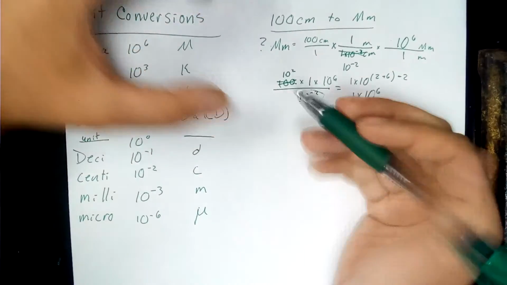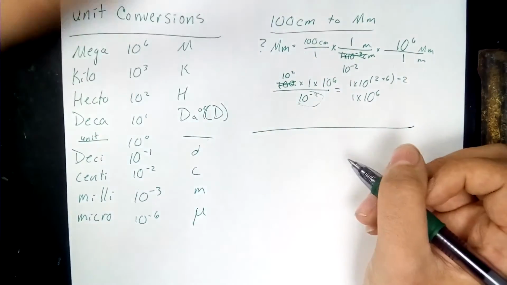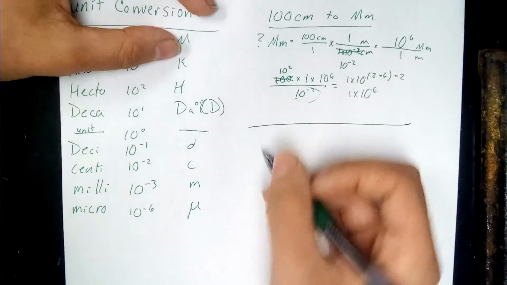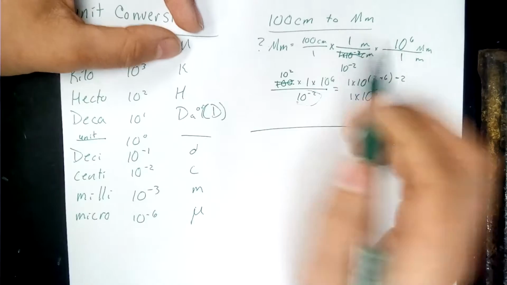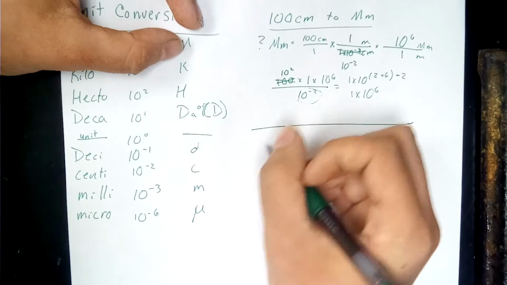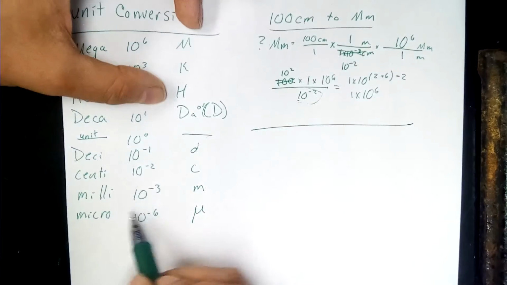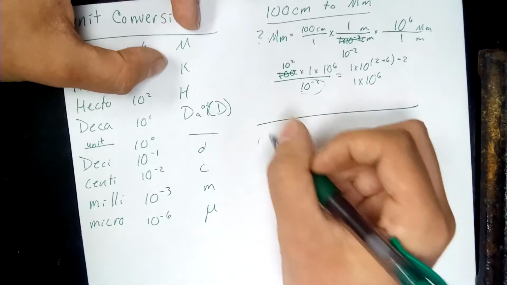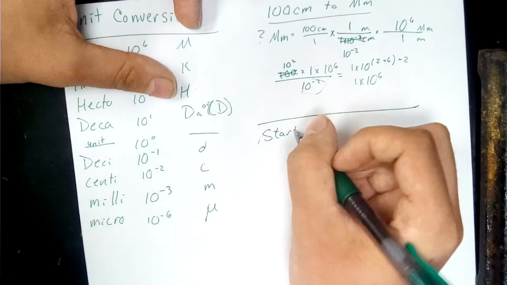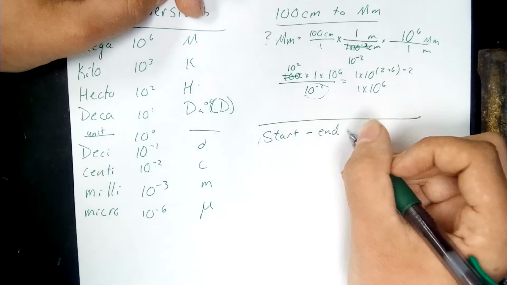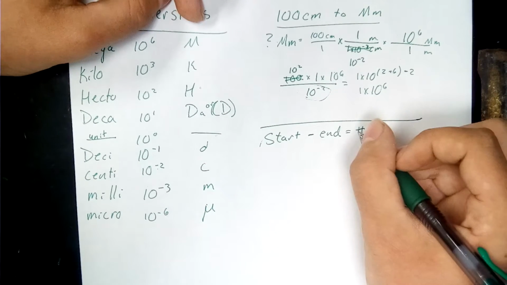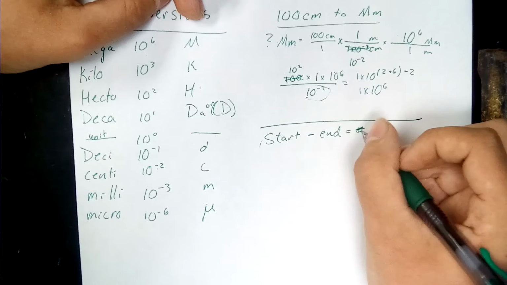powers of 10. So, or we could do it using the exponents. So you start off with whatever unit we're starting in. So we have 100 centimeters. So centimeters is a 2, because remember, you take whatever you start with, and subtract from wherever you end, and that is the exponent, not the number.